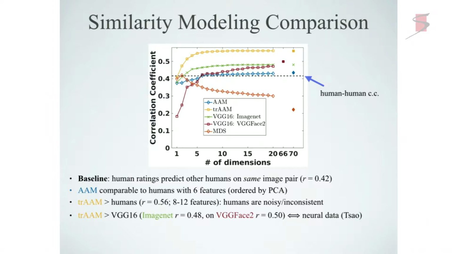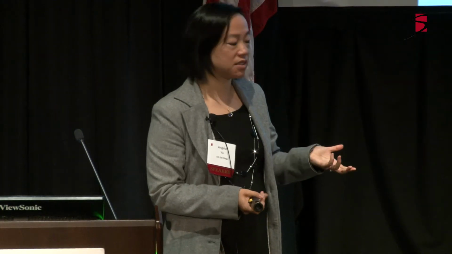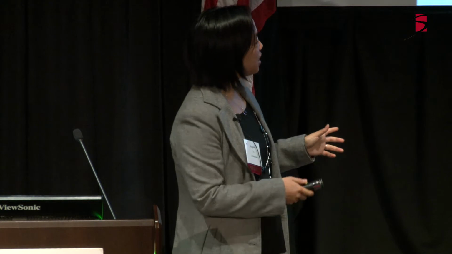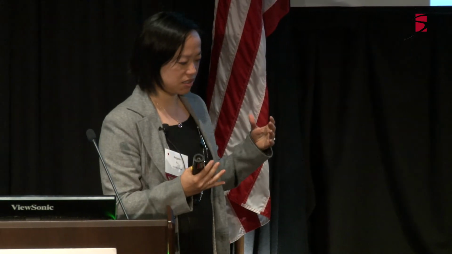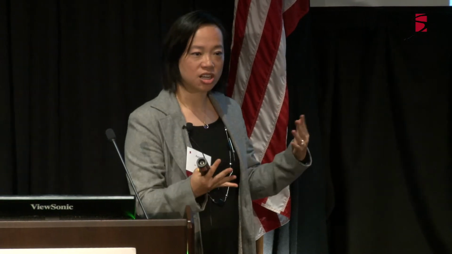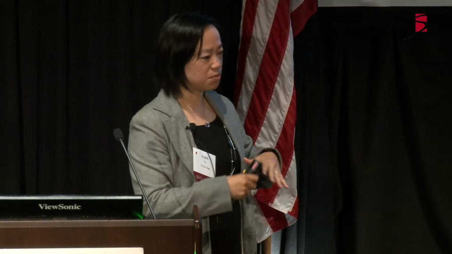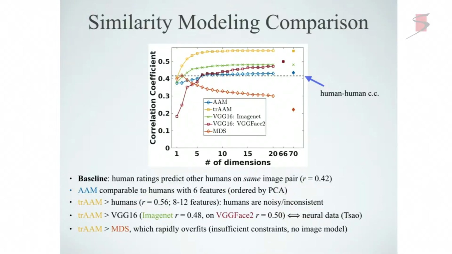It's not published yet, but by personal communication, they have found that actually the neural response in face patch areas are much better explained by AAM and other models that posit this shape texture representation as opposed to convolutional neural nets, such as VGG16. And it's obviously also much better than MDS, multidimensional scaling, which overfits very quickly.